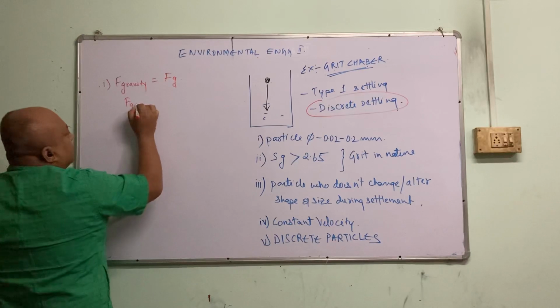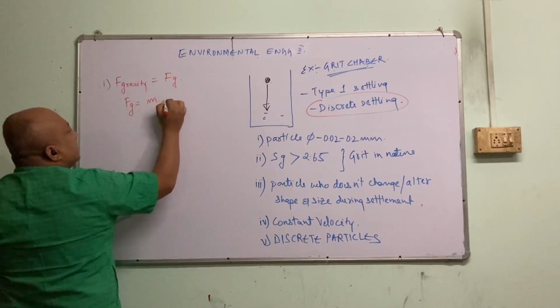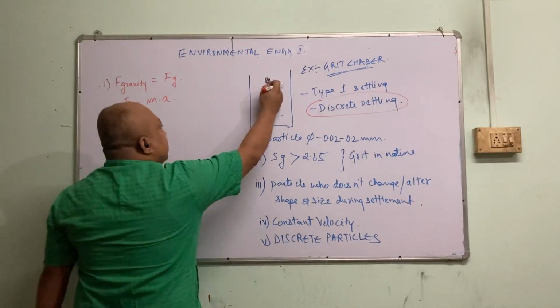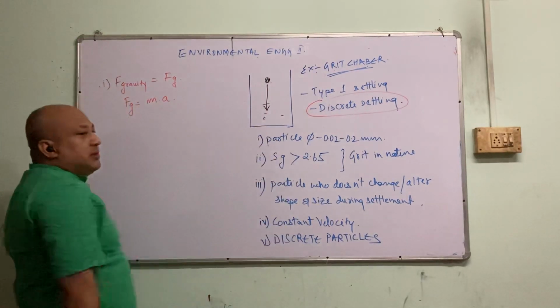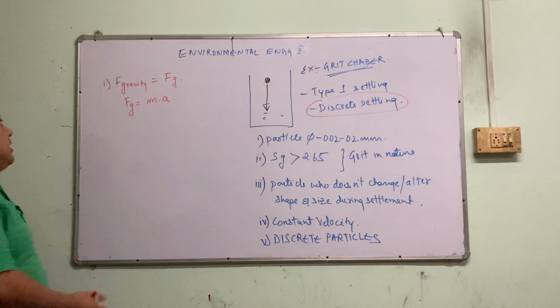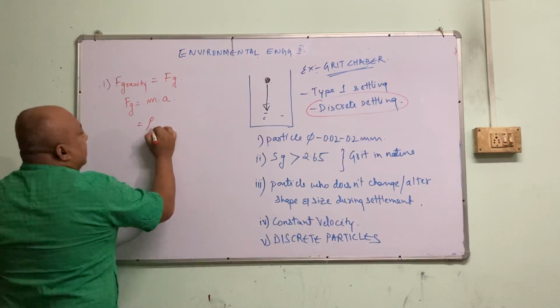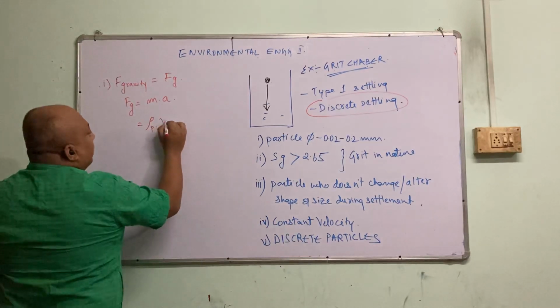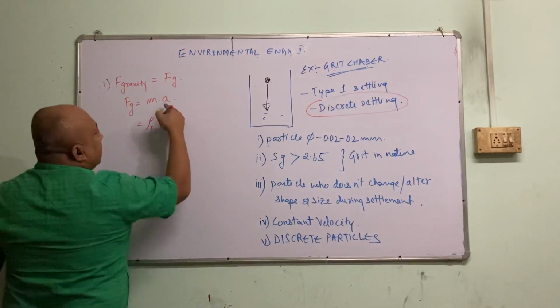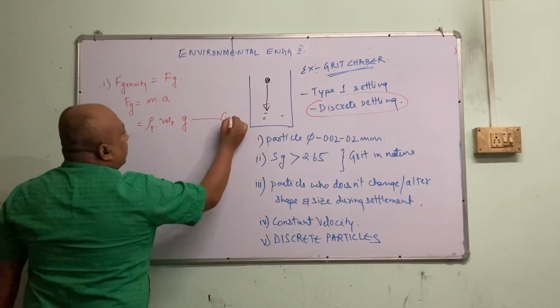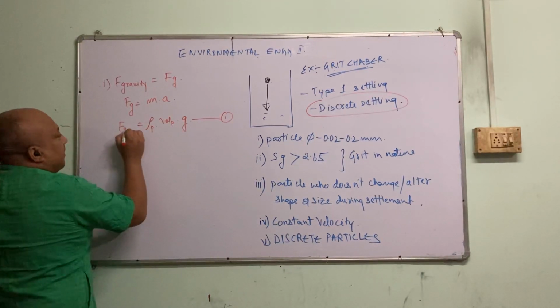Therefore, Fg is equal to simply mass into acceleration. But here, it is not very easy for us to find the mass of every particle. To make things easy, I can write the mass like this: density of the particle into volume of the particle into acceleration due to gravity, g. This is equation number 1, force of gravity.